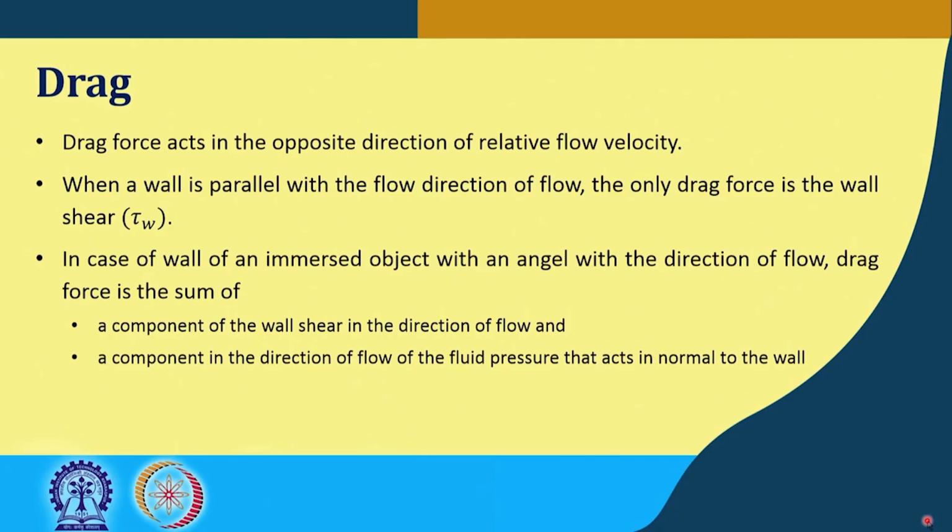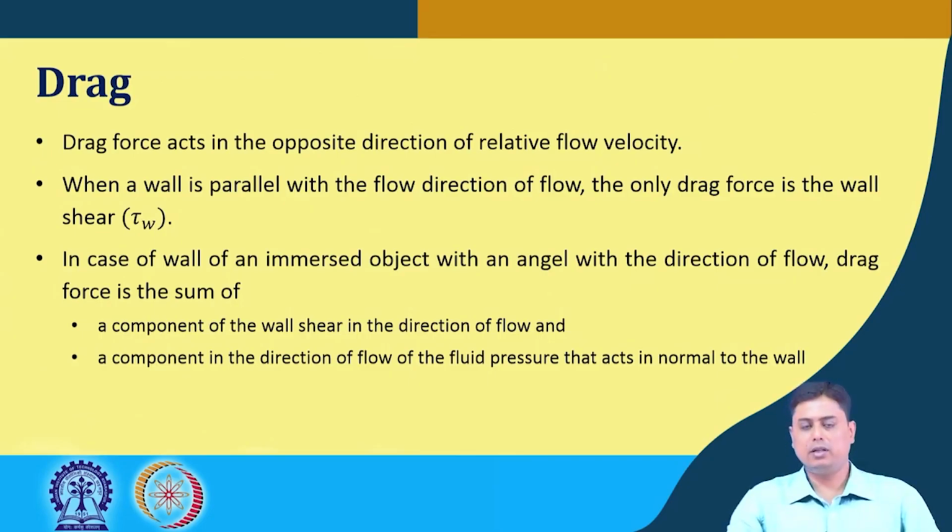Similarly, if the water is stagnant and the boat is moving, which rarely happens, then you can understand based on this concept in which direction the drag force will act. So basically the bottom line is that the drag force acts in the opposite direction of relative flow velocity.